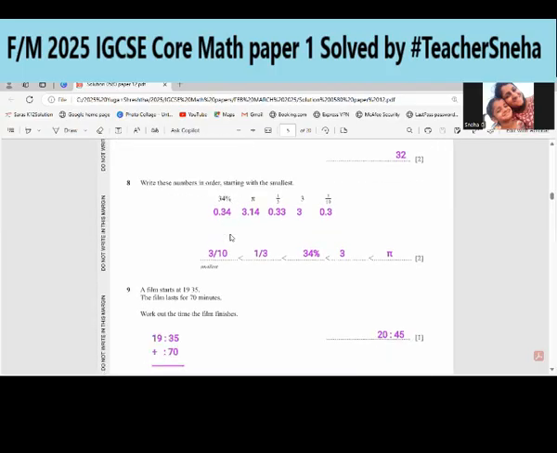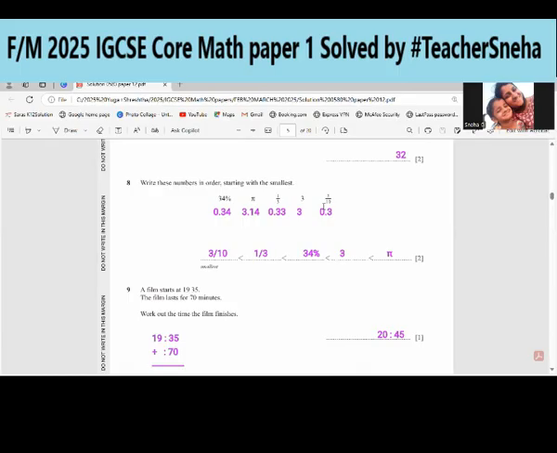Question number 8 in this paper, write these numbers in order starting with the smallest first. 34%, pi, 1 upon 3, 3 and 3 upon 10. Now here it is a mix of percentage, fractions and an irrational number pi.